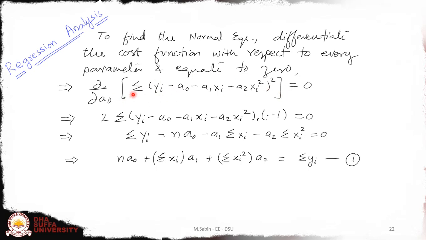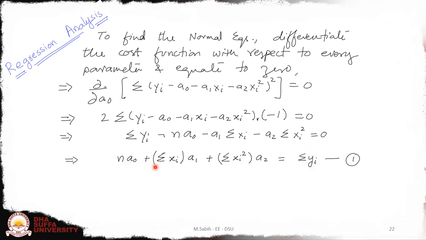First we differentiate with respect to a naught, equate to 0, and arrive at one equation, and arrange them, because we need to write them in a proper matrix form. So arrange them so that on the left side you have a proper sequence of the unknown variables, and on the right side whatever we have as data or available values.